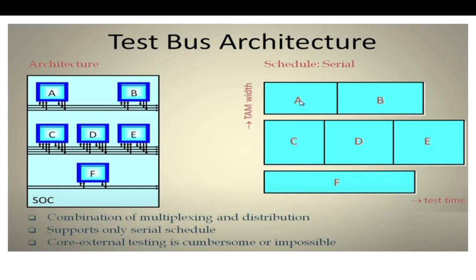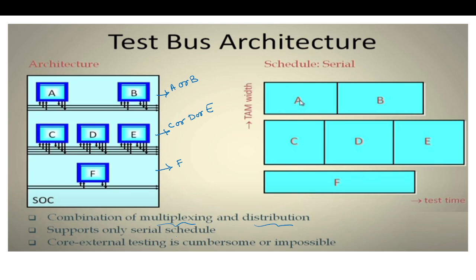Now you can see in this that either A or B can be tested at a time. Here C or D or E can be tested, and in this F can be tested. So we have a multiplexer, and at a time one from each set can be tested. So we have a distributed architecture. We are combining both the multiplexer as well as the distribution architecture.